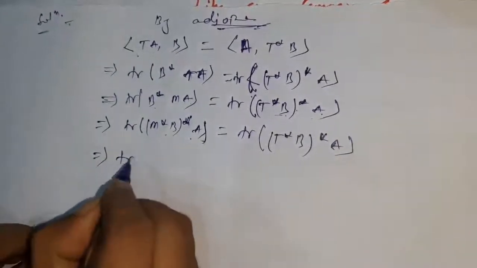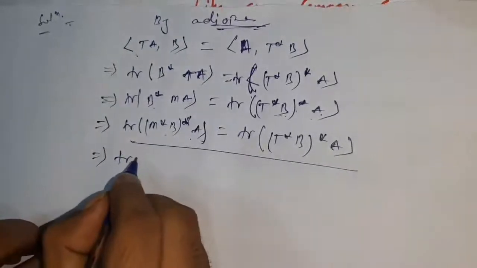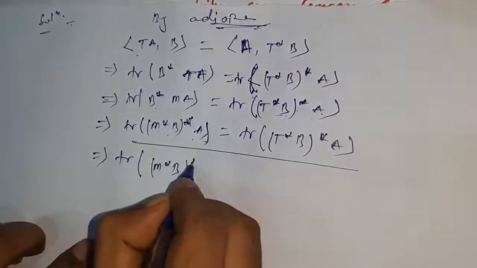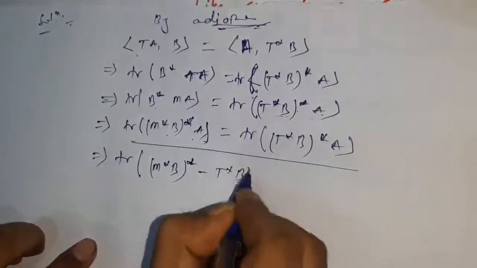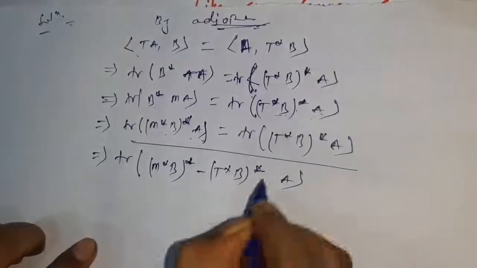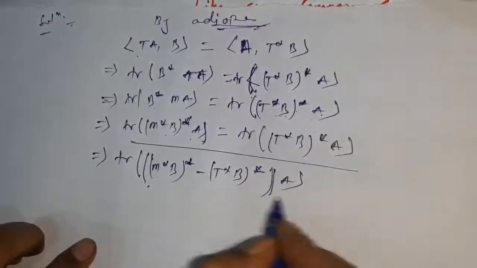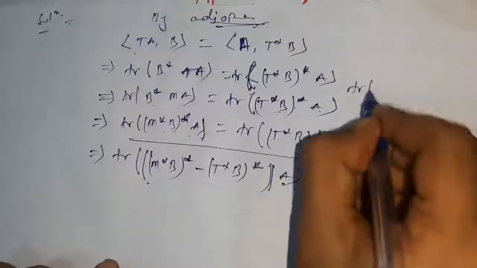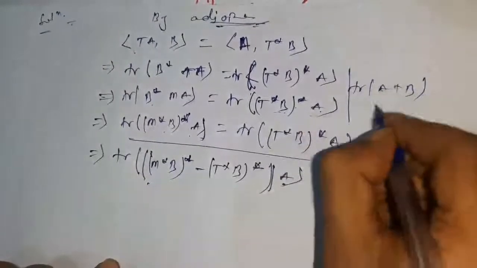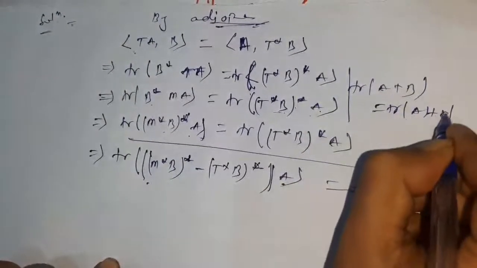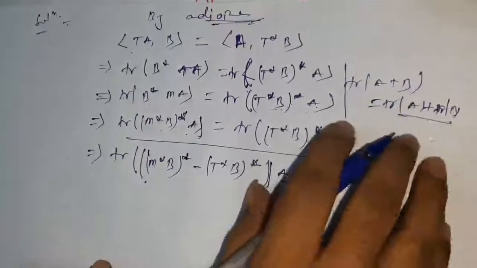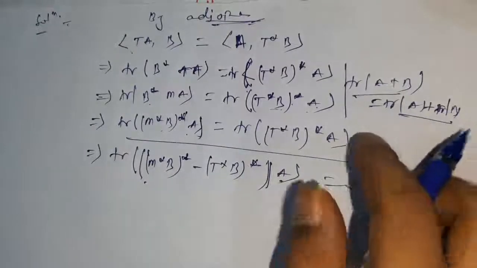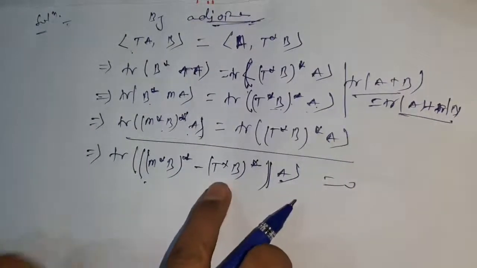We can write these as (M star B) whole star minus (T star B) whole star, multiplied by A, equal to 0 with the help of trace. We know the trace of A plus B is equal to trace of A plus trace of B, so we can apply this condition of trace here.